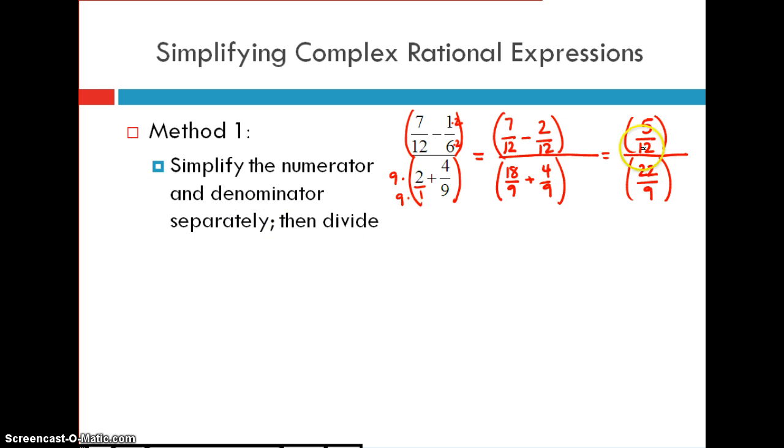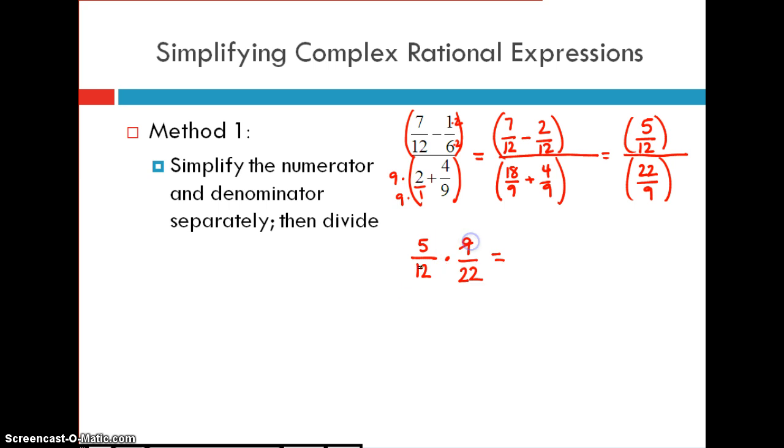Now it says divide. Well, if I'm dividing fractions, we know from our previous lessons that if you divide fractions, that's the same as multiplying by the reciprocal. So I flip that bottom fraction, and again, as you're multiplying, if you can see anything that cancels, you may want to cancel.